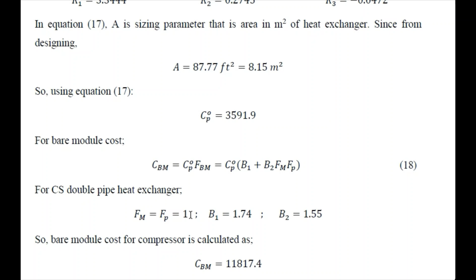B1 and B2 are empirical constants, so these are values for double pipe heat exchangers. After substituting these values, we obtain bare module cost as 11817.4. But keep in mind that this bare module cost is in 2001, I think. So we need to convert this bare module cost into the current year, like 2023. Okay, so that's all.